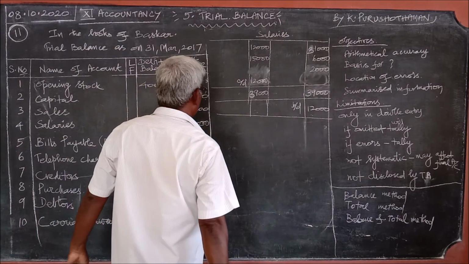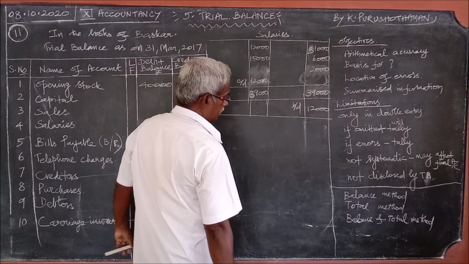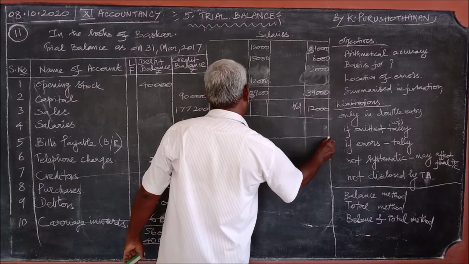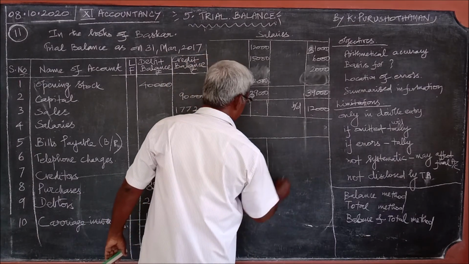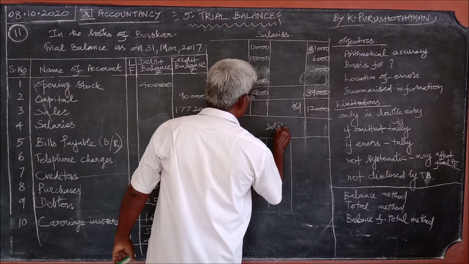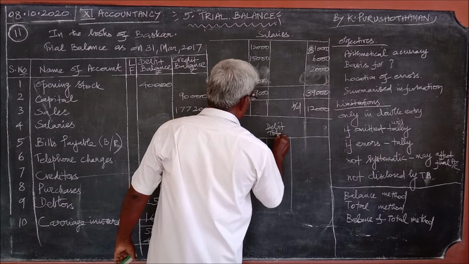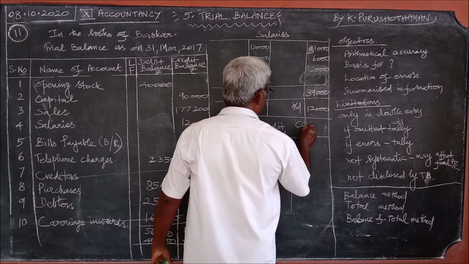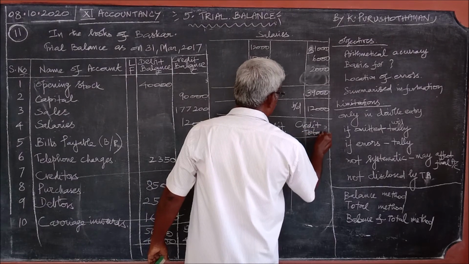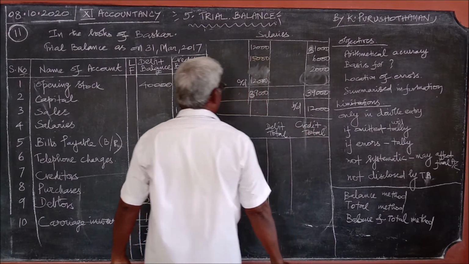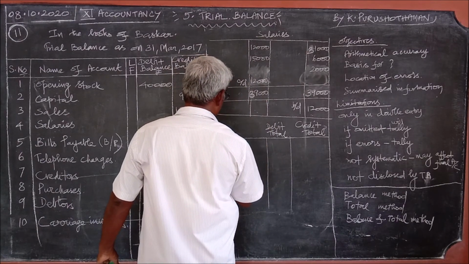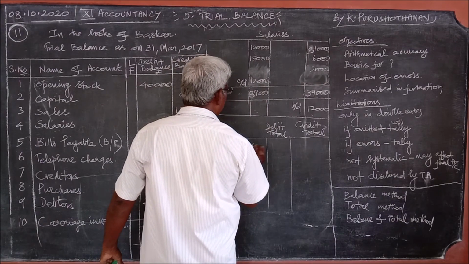Other one is called total method. What is the total method? They will put the same column. Debit total, credit total. One debit total, other one is credit total. Listen carefully. What is the debit total of this salaries? You can write salaries, name of the account.